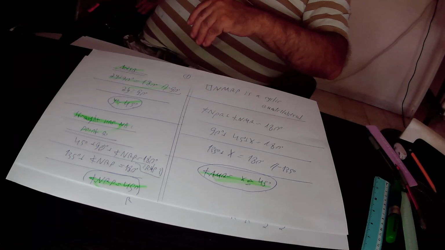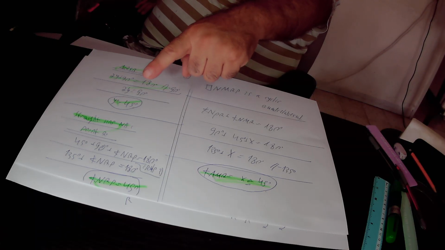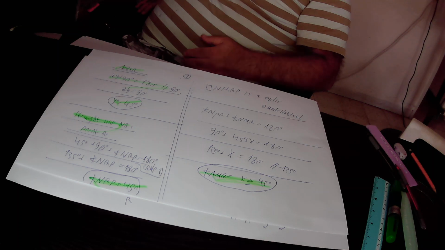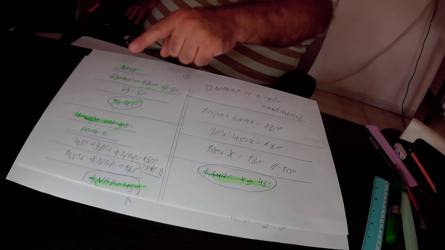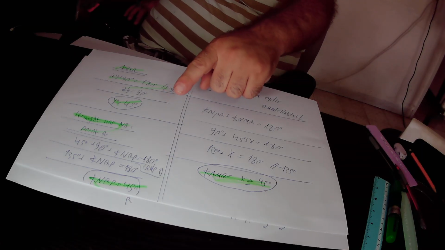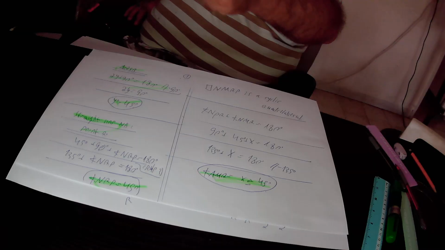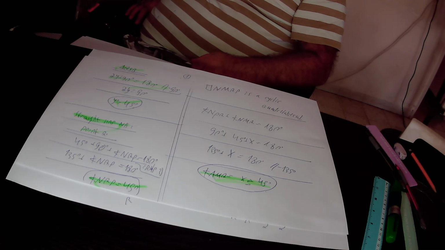Again, if we focus on the left side of the straight line BN at point Q, the sum of the angles must be equal to 180 degrees. Which angles do we have? We have 45 degrees plus 90 degrees plus the missing third angle NQP. The total must be equal to 180 degrees according to rule 3. 45 degrees plus 90 degrees is 135 degrees.